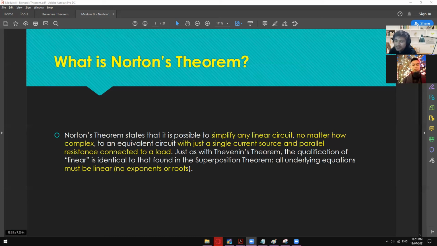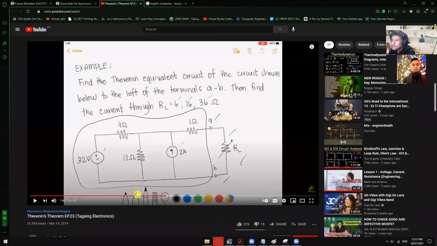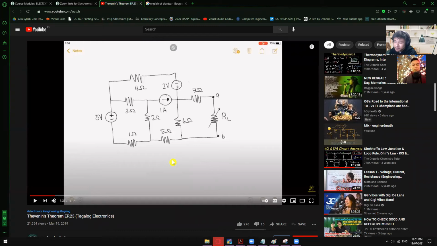In my own way of thinking, when it comes to finals, Thevenin's theorem and Norton's theorem depend on the problem. Applying the concept of Thevenin's and Norton's theorem is super easy.